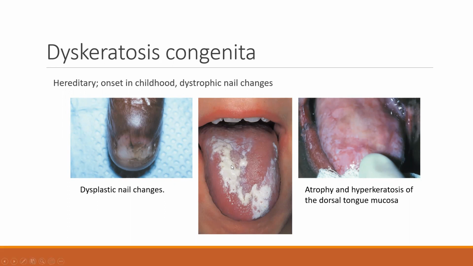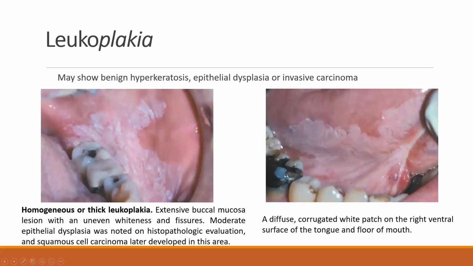So careful inspection of the oral mucosa is very, very important. And it is important to diagnose dyskeratosis congenita and not confuse it with other hereditary non-harmful lesions. Dyskeratosis congenita has a high chance of malignant transformation into squamous cell carcinoma. So these patients should be under continuous monitoring.